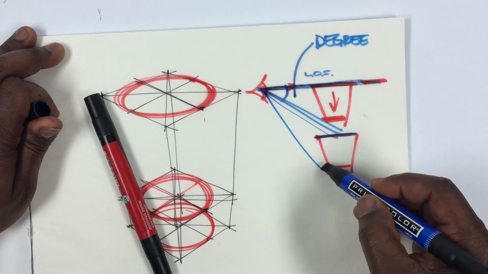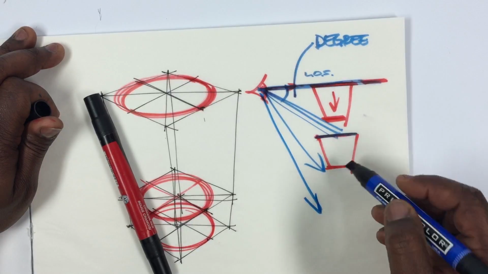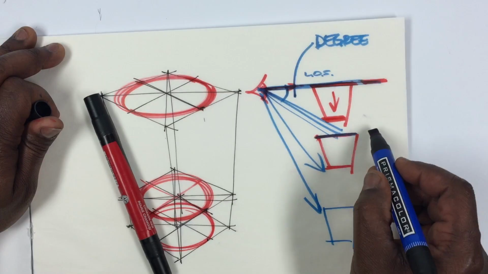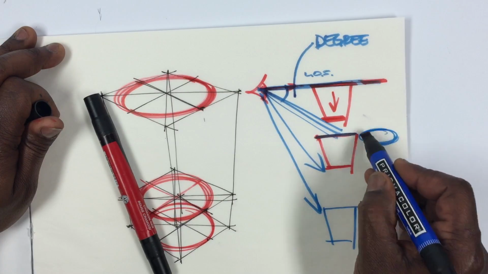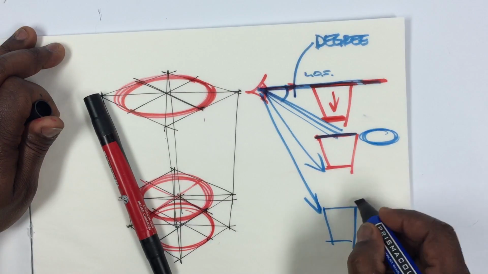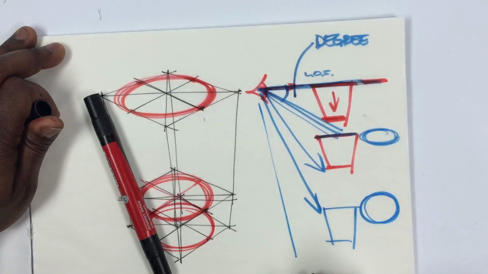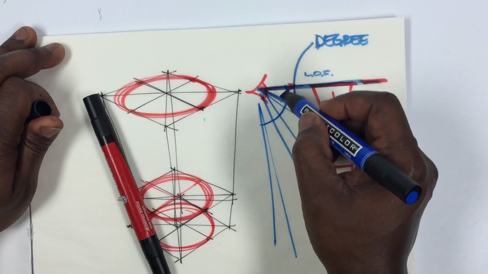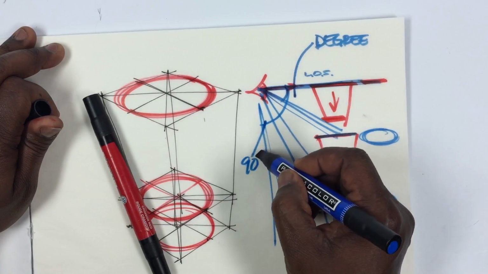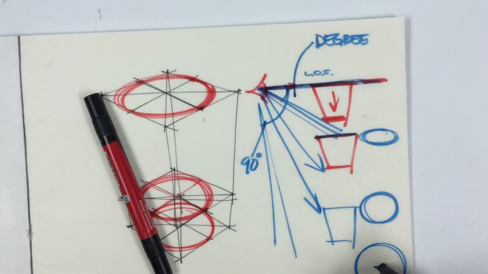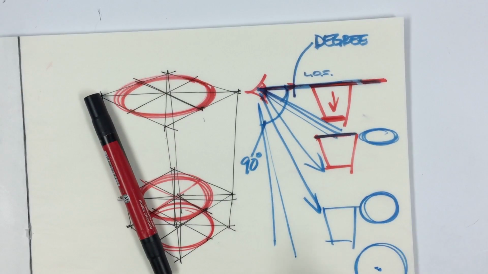So as this degree increases more and more, you're going to be seeing a wider ellipse. On this one it might look something like that, and on this one it might look something like that, until if I have a 90-degree ellipse, it's basically a circle because I'm looking straight down at this cup.